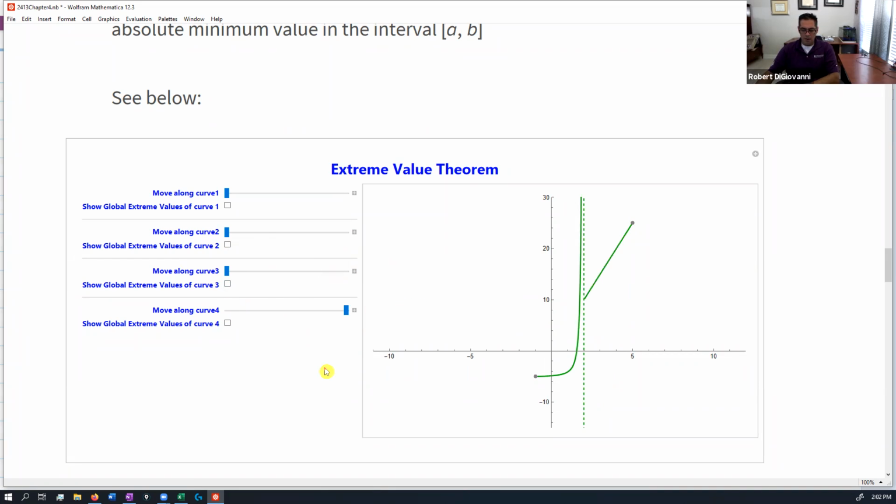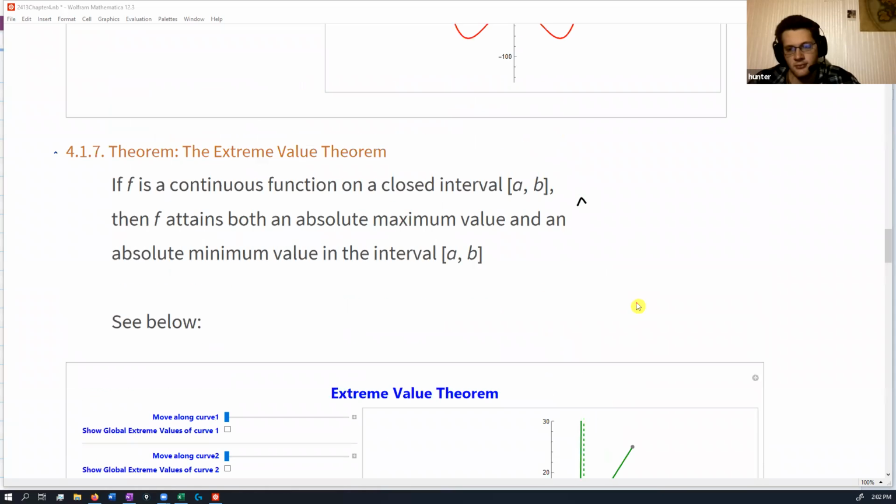Oh, wait a minute, hold on. Does this one have an absolute max? This one goes forever this way. I have a vertical asymptote there. This one does not have a global maximum, does it? I thought I just said that we have to. Didn't I say we had to? This isn't continuous though. That's right, it's not continuous. What is the first condition of this thing?